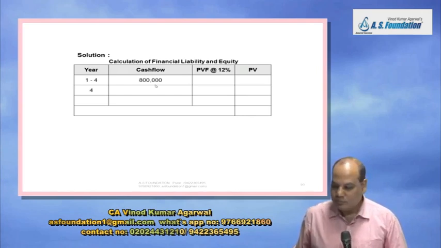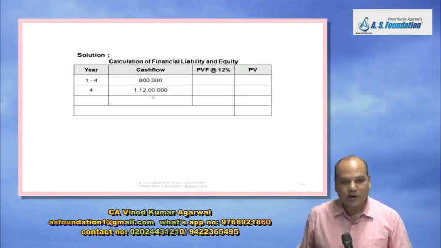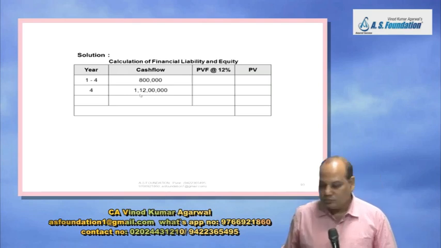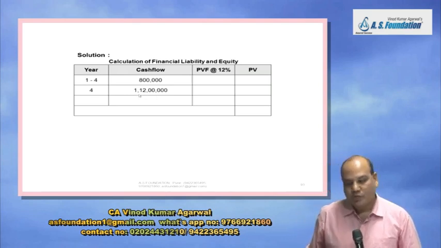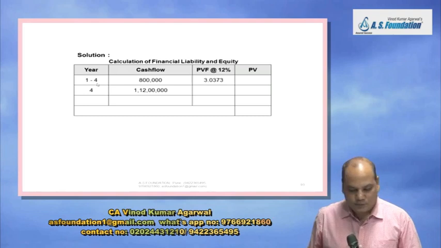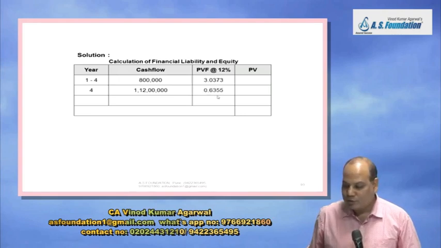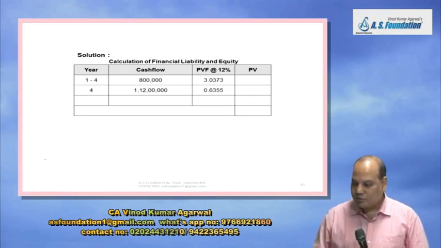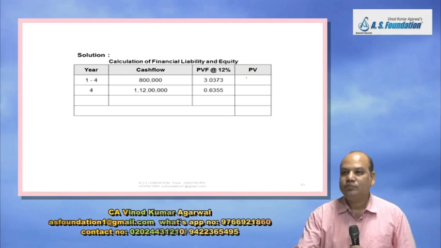And year 4, what is the cash flow? 1 crore 12 lakh, 1.12 cr. Discounting factor at 12% for 4 years, how much did you get? 3.0373. And fourth year? 0.6355.